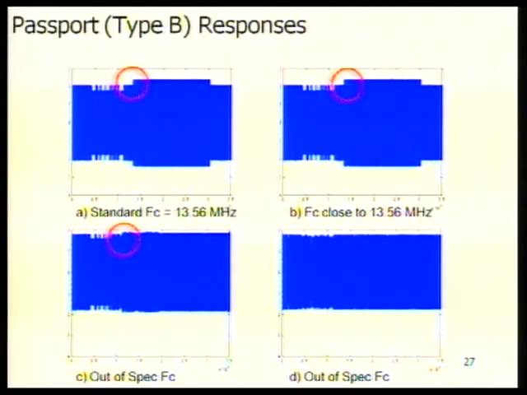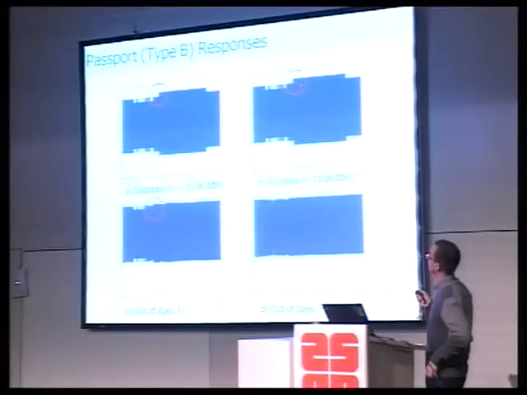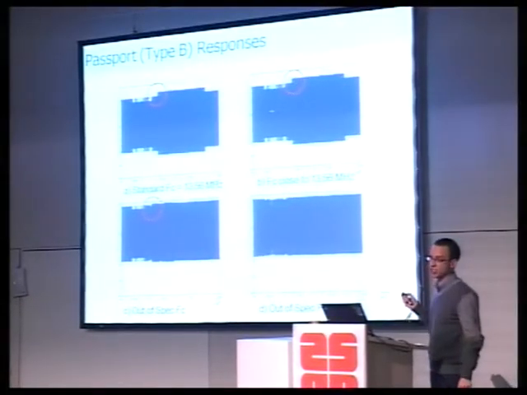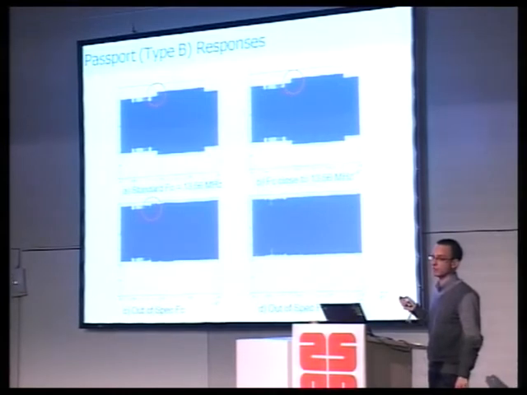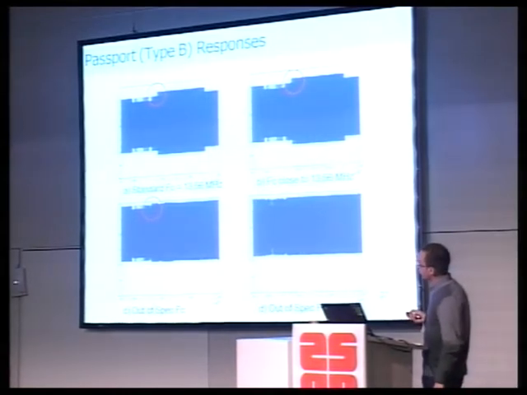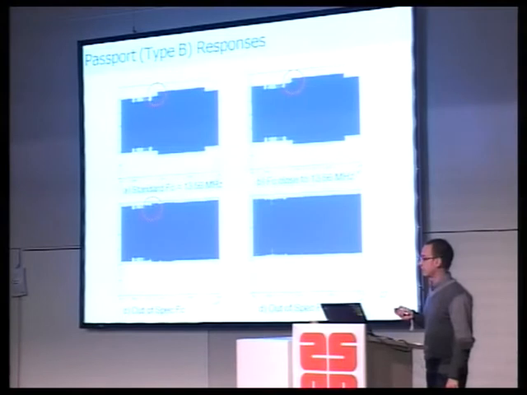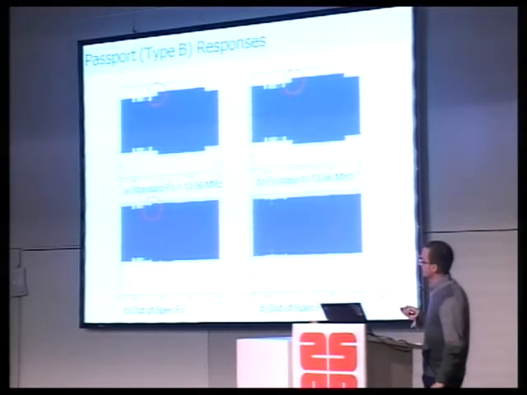If we have a frequency which is close to 13.56, we also observe a good response, but different timings. We could not see this from this picture because it's not zoomed enough, but the difference between the end of the command and the start of the response from the device changes at different frequencies. If we try to go a little bit out of spec of the frequencies, like 10 megahertz, we can see that the device tries to respond.